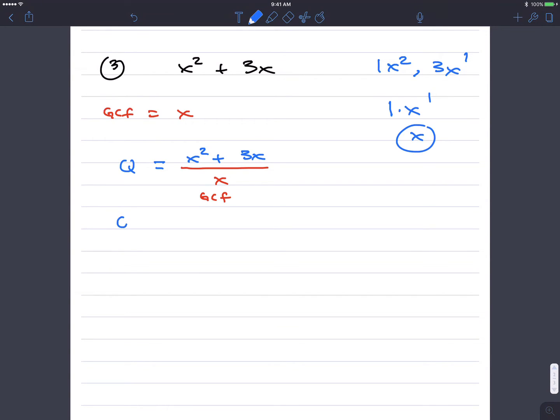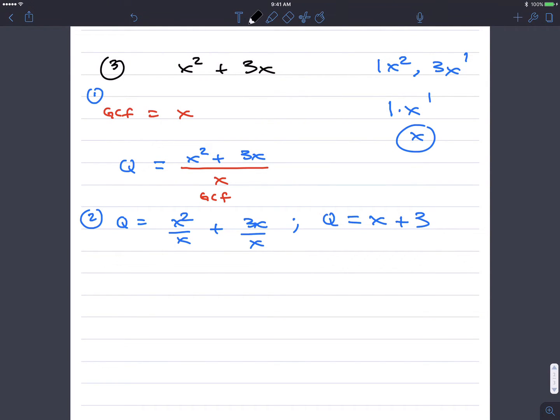So q is going to be x squared divided by x plus 3x divided by x. What's x squared divided by x? x. And 3x divided by x is 3, so my quotient is x plus 3. Okay, so let me write down: first step, GCF. Second step, quotient.